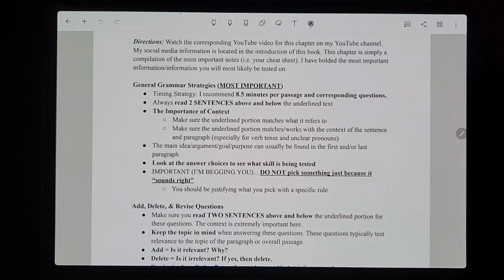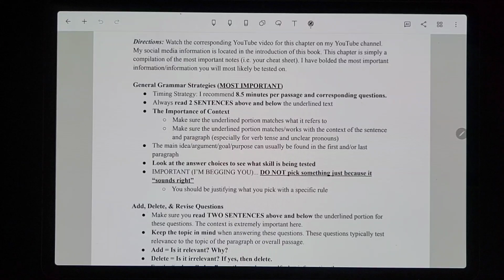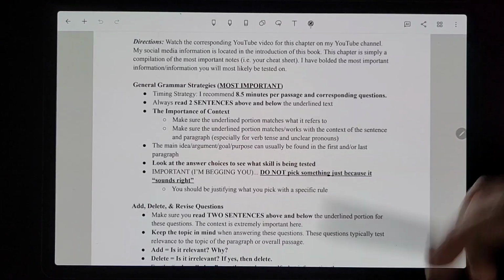For instance, if the entire paragraph is recounting a story in past tense, and then all of a sudden they use present tense in one sentence, that sentence might read totally normally if it wasn't within that paragraph where everything is being talked about in the past. So in that paragraph, it would be wrong to use present tense for that one sentence, even though if you just took out that one sentence, it sounds correct. So you have to be aware of the context.